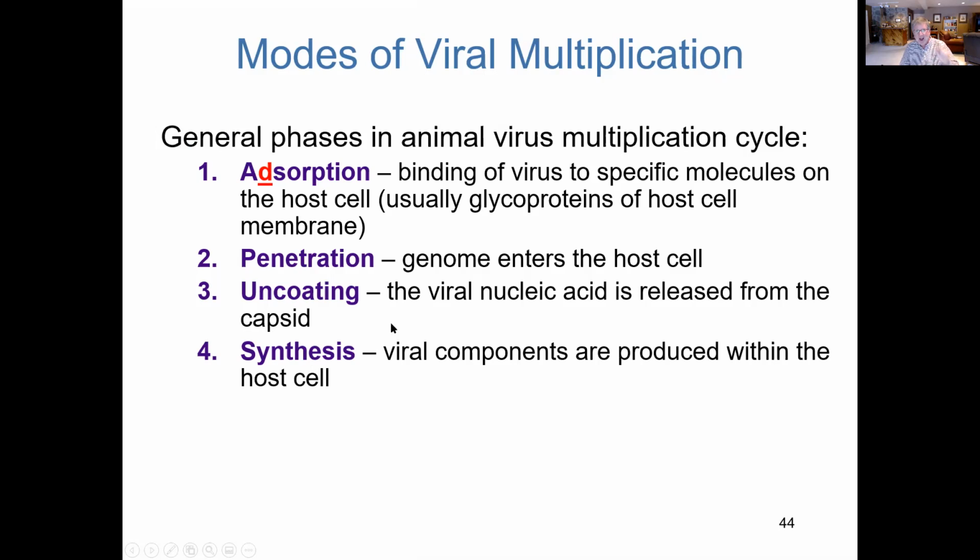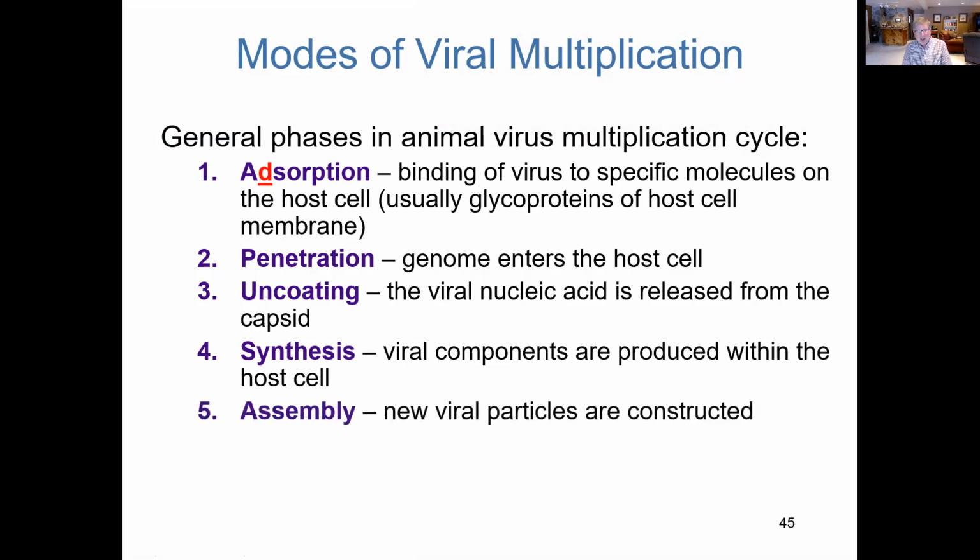The host cell makes all of that. How? From the instruction booklet that the initial virus carried with it when it entered the cell. The host cell then will assemble these new viral particles. It'll take the nucleic acid, it'll surround it with capsid, and that's the virus. The host cell does all of this.